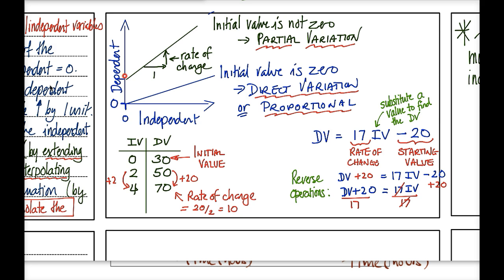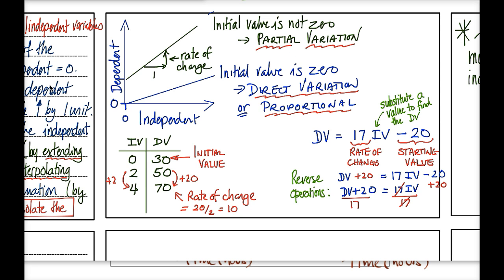If the initial value is not 0, as in this case here, the graph starts up here on the vertical axis when the independent variable is 0. This does not have an initial value of 0, so we call it a partial variation. It means part changing and part staying the same.